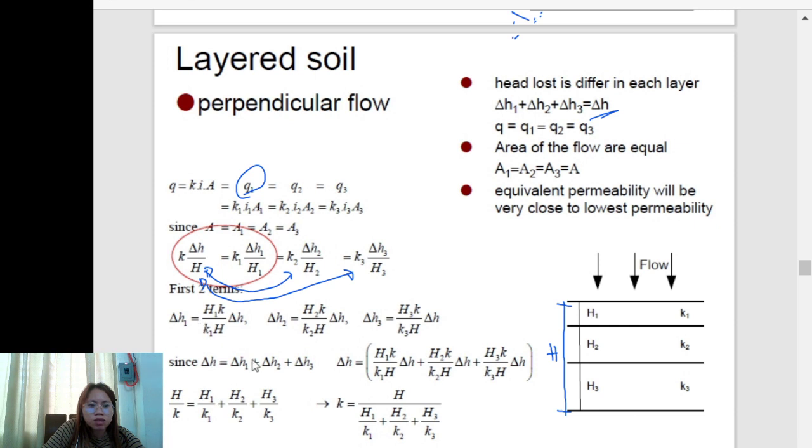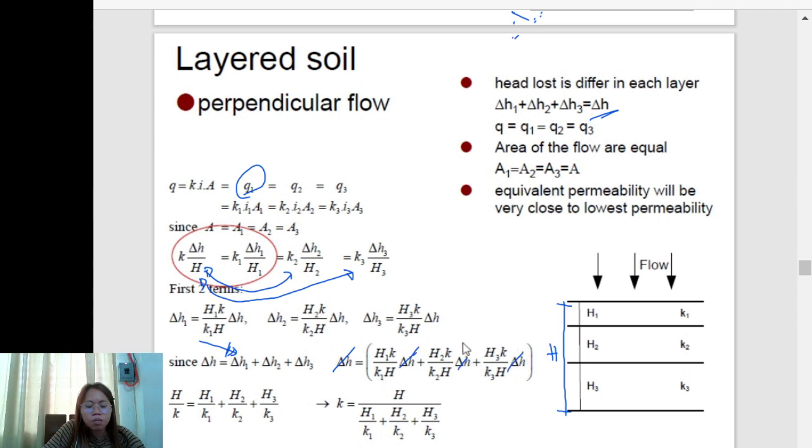So substitute this one in here. Substitute. So it becomes like this. And we would like to get the value K in terms of, right? So, actually, delta H cancels out, and the H, since it is on both sides.